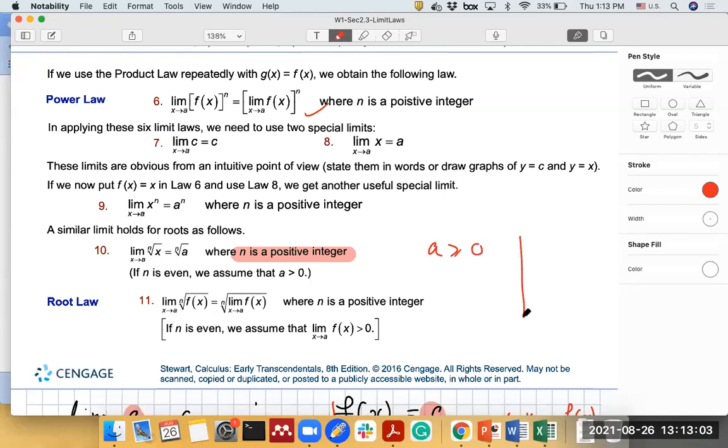However, since it is a limit near a, we should pick a strictly positive, just a condition, remember it. And here, the root law: the limit of the n-th root of a function, where n is a positive number, will be the n-th root of that limit.